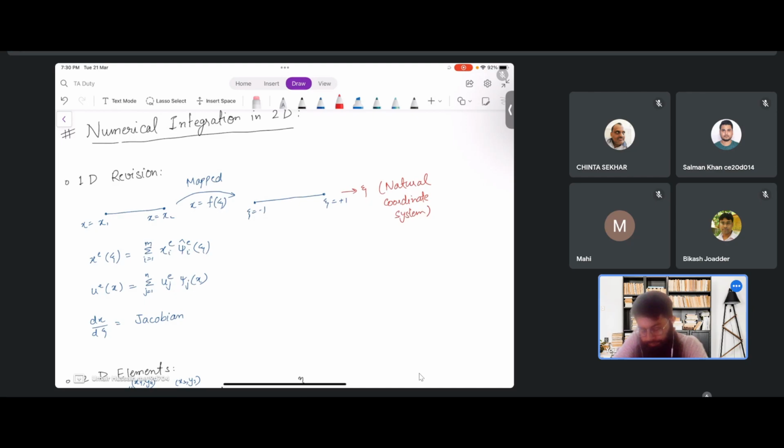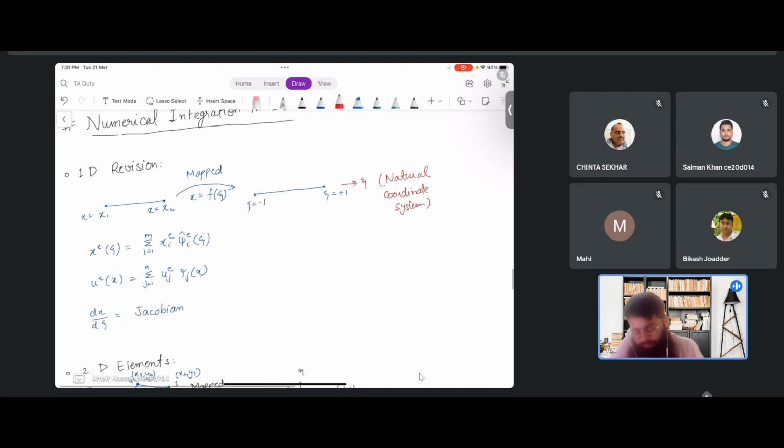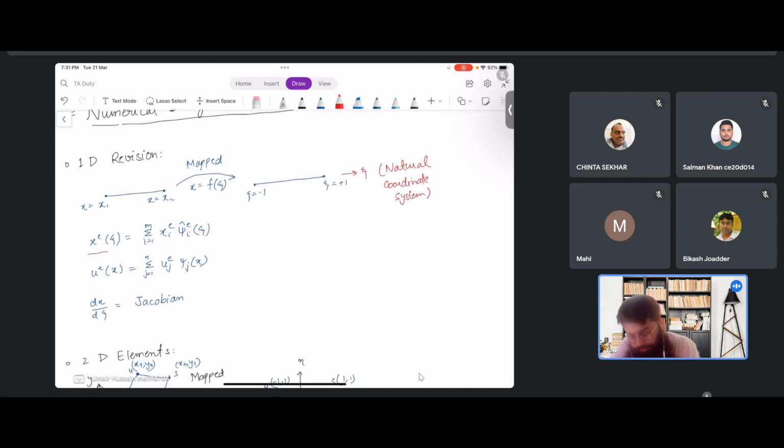To get the mapping function, we had this formula. Here psi i cap is your shape function, and to approximate the solution, we had this formula. Here psi j is your approximation function. It has been pointed out several times that the shape function and approximation function might not be the same. They are conceptually two different things.